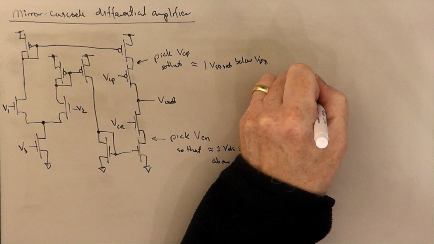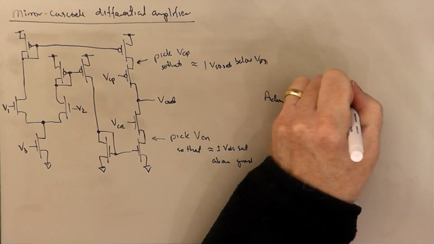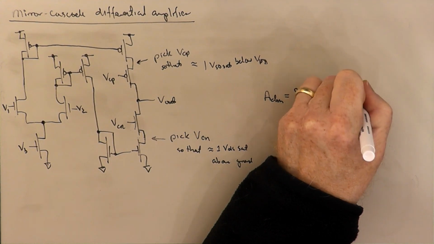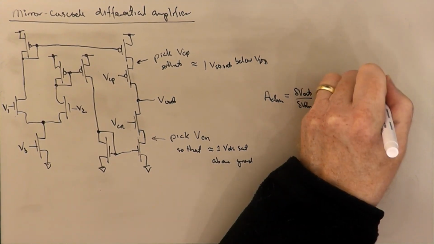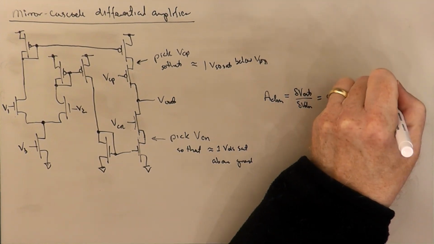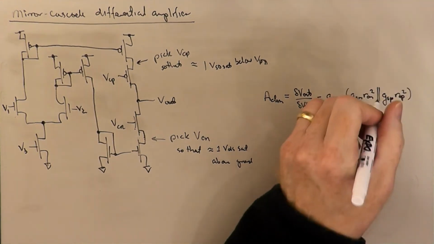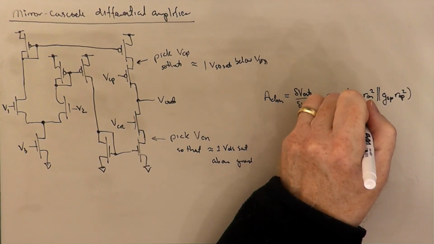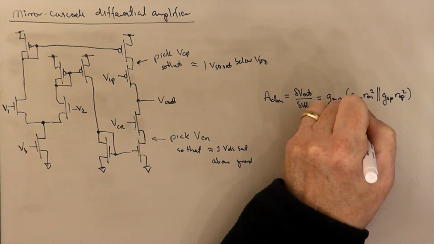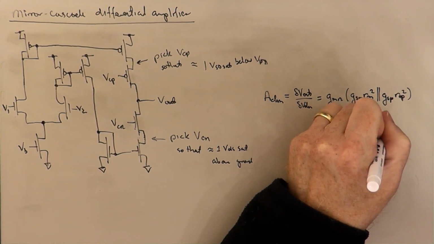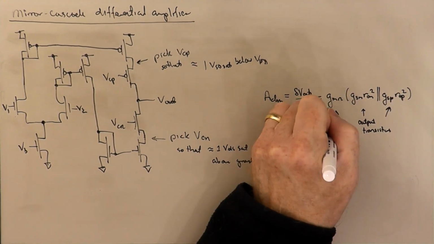And that's going to be basically the GM of the NMOS diff pair times GmN RON squared parallel GmP ROP squared, where these are from the output transistors, and this is from the diff pair.